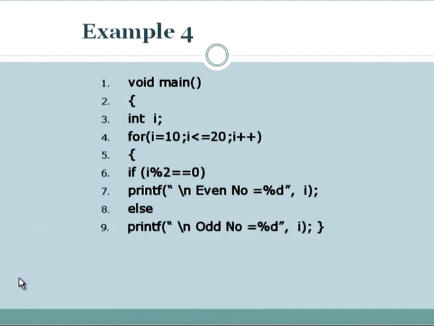This is another example of loop. In this example, we want to display the list of even numbers and odd numbers between 10 and 20. You see that the body of a loop may contain many statements, and in this specific example you should notice that the body of the loop contains an entire decision control statement.